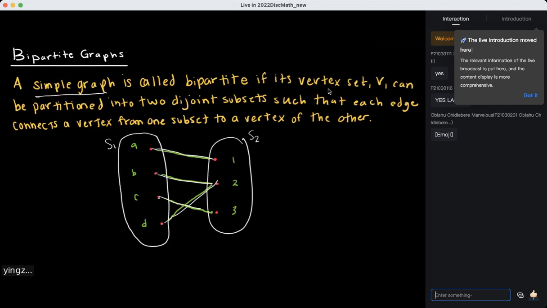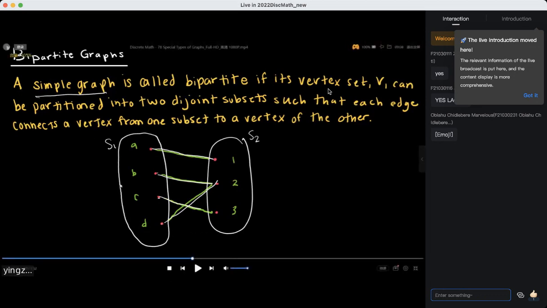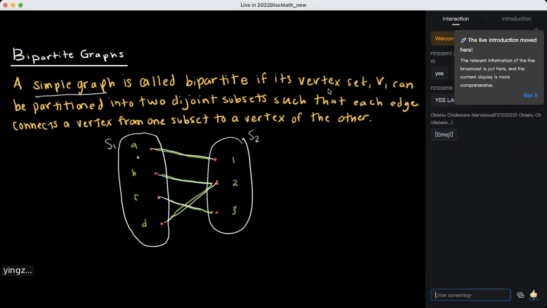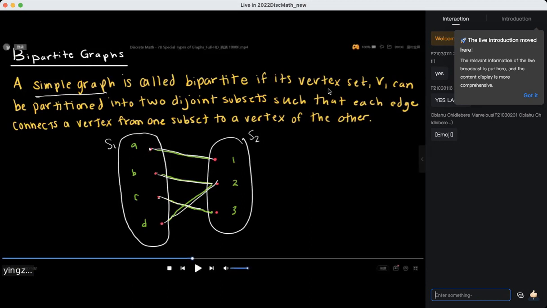So from this, we can see it as a map graph. A map graph is similar to a map from S1 to S2. Also here S1 is a subset, and S2 is also a subset of the graph's vertex set.